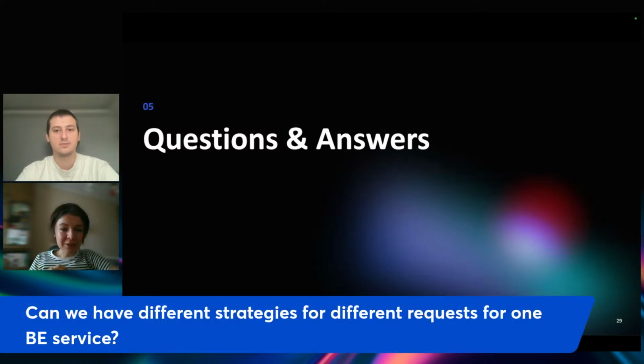Can we have different strategies for different requests for one BE service? For one which service, sorry? For one BE service. Maybe I'm not getting it, but basically we can get the request object, and based on any parameter of this request object, we can set up different strategies.